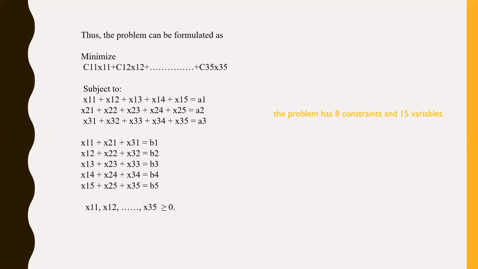Then after using these methods to determine the basic feasible solution, the optimal solution can be found by the MODI method, which is the modified distribution method, also known as the UV method, where the UV values of the table are found out and then the opportunity costs are found.